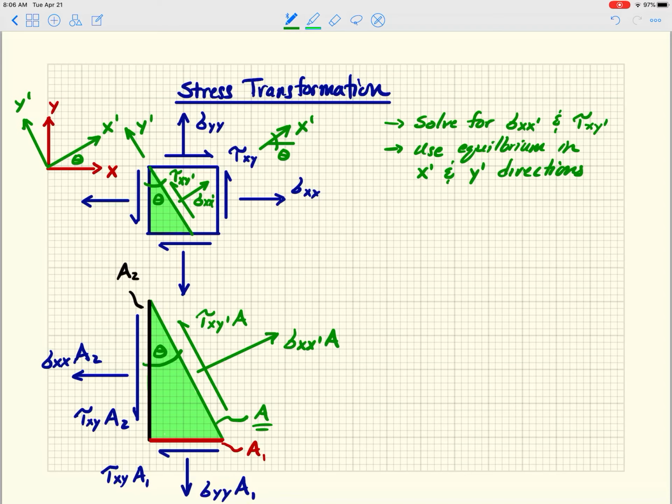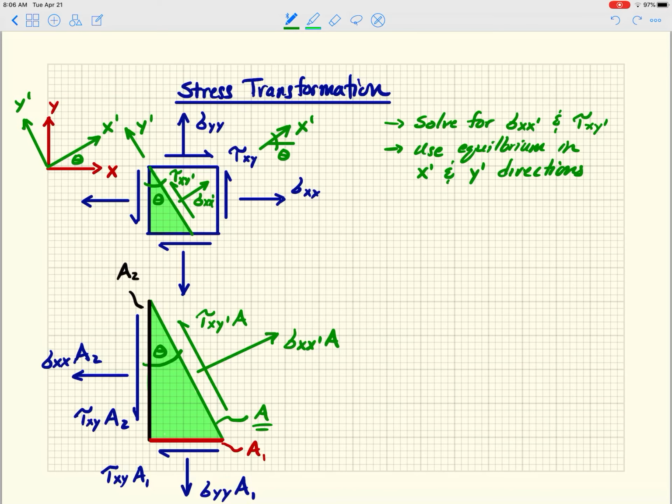The second thing is that all of these forces have to be broken down into components along the x prime and y prime directions. If I sum forces along the y prime direction, that's where tau xy prime comes in; it has no component along the x prime direction, since it runs perpendicular to it. And when I sum forces along the x prime direction, sigma xx prime comes into it, and that has no component along the y prime direction.